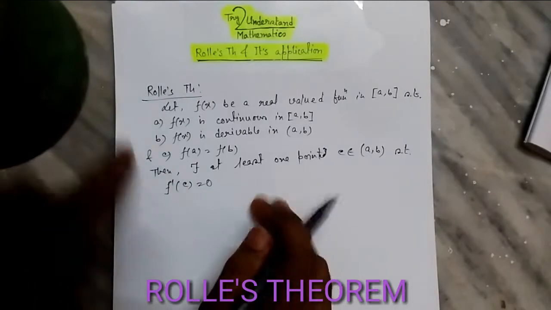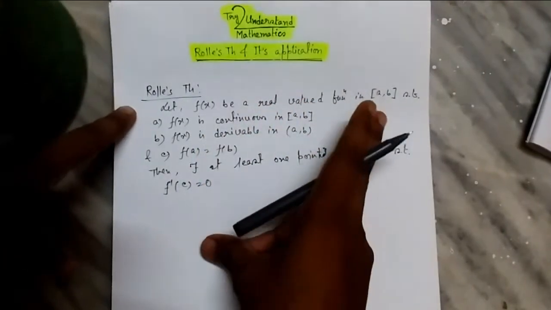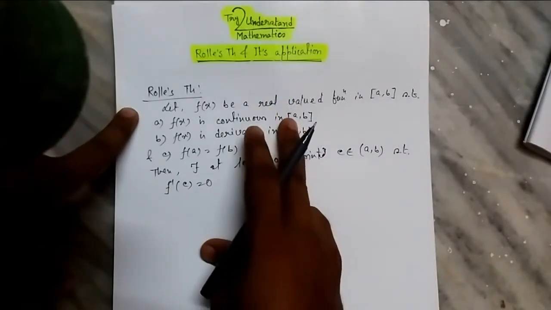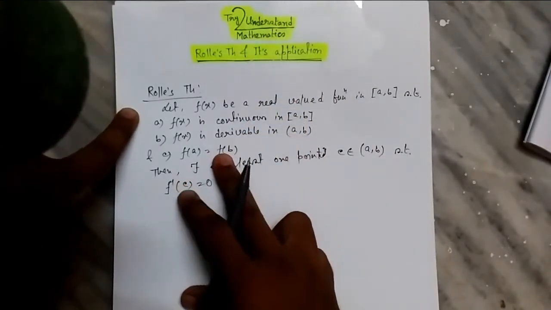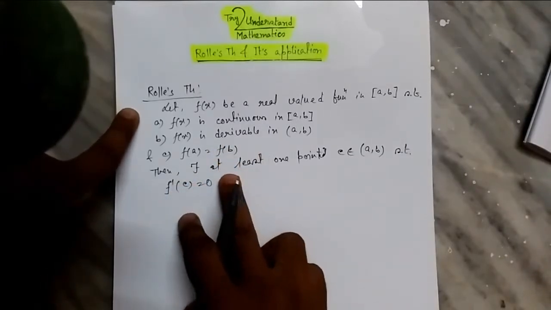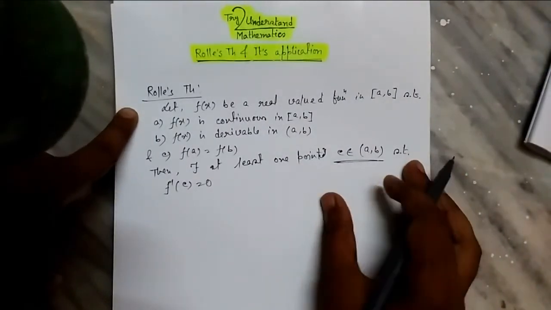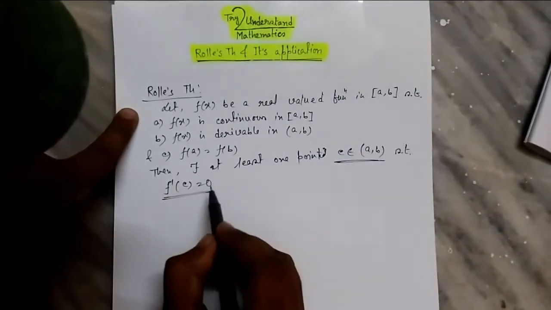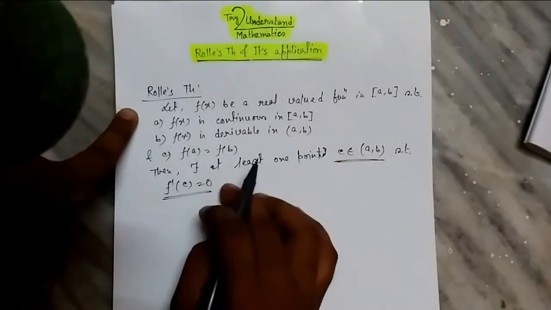That is, if a real valued function f of x in the closed interval is continuous and derivable in the open interval ab, and the functional values at a and b are equal, then there exists at least one point c in the open interval ab such that f dash c equal to 0. That means the derivative at that point is equal to 0.